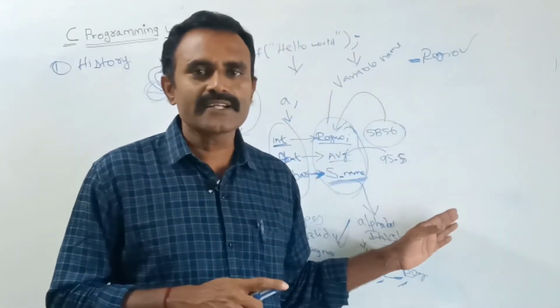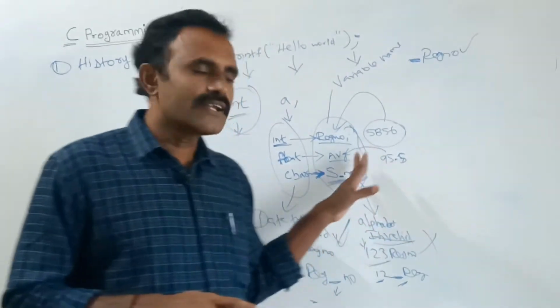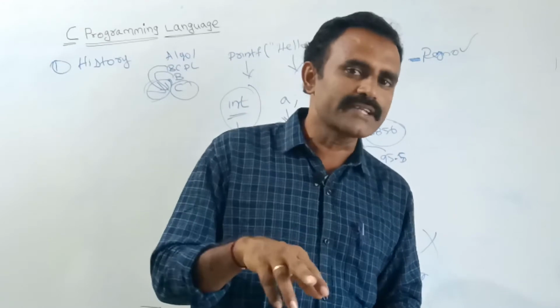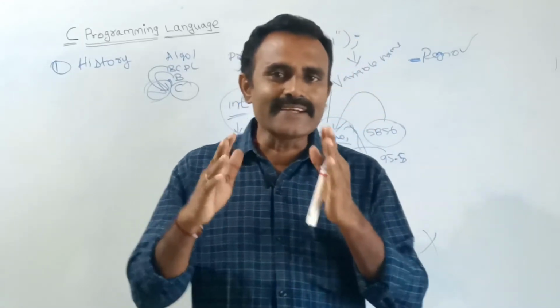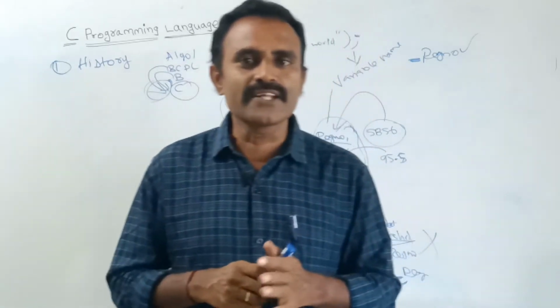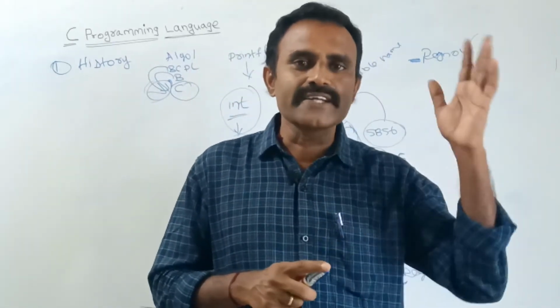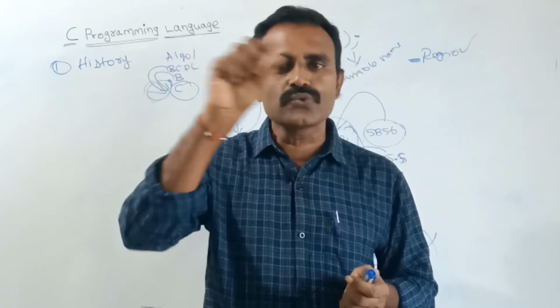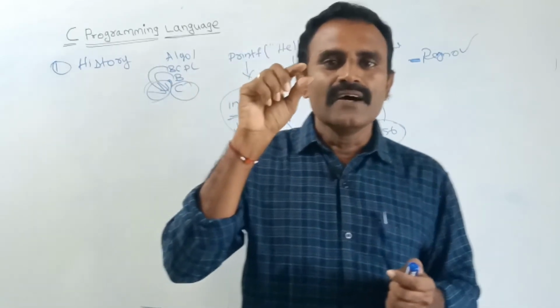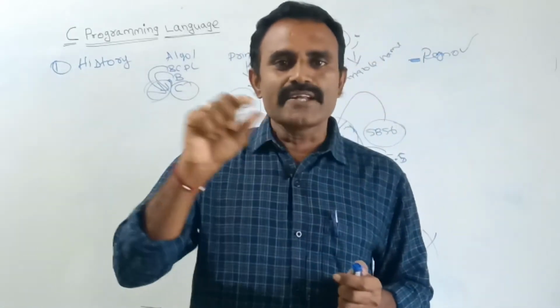We can give values to a variable in two methods. One is at runtime, we can store some values. Another one, before running, at the starting itself, we can assign some values to the variable. That type of assigned value, that variable is the constant.